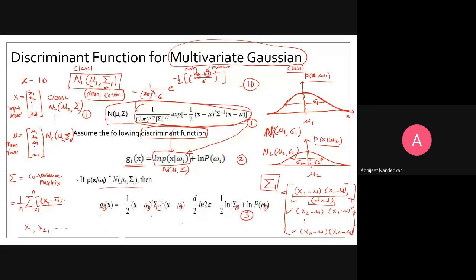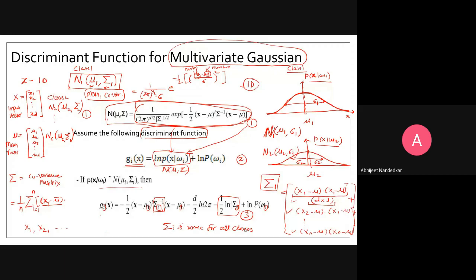For each class there will be a different mean. We are now talking about this sigma term, which is here and here, and we are saying that sigma i is the same for all classes. That is our assumption, and that too we have off diagonal elements 0, and the diagonal elements are having the same entries. They are of the same value.